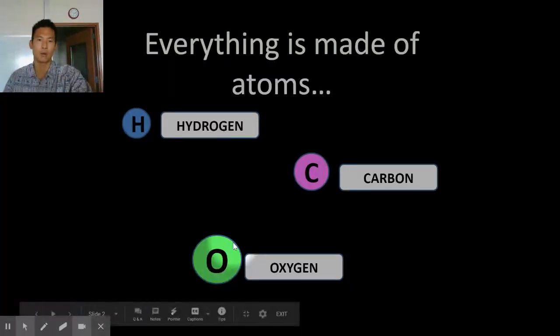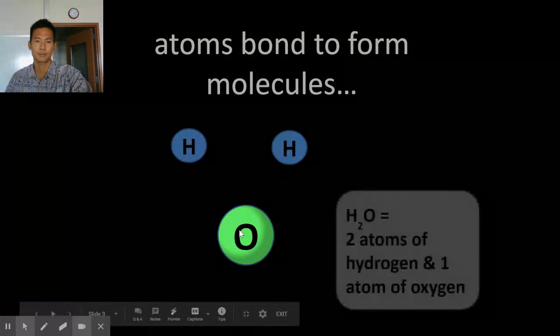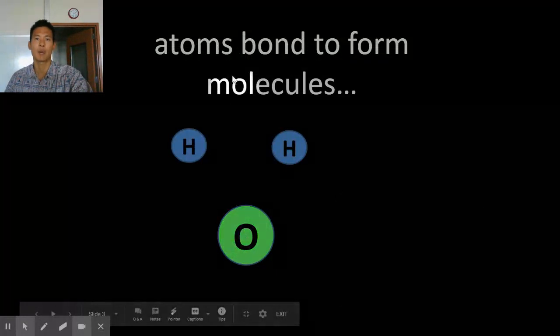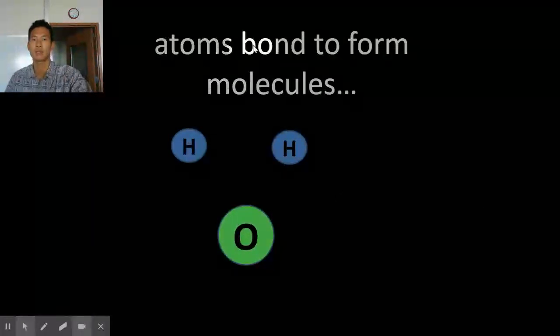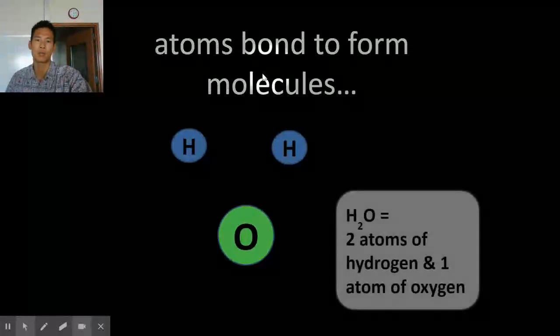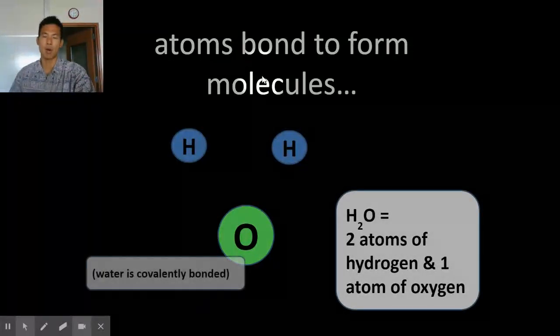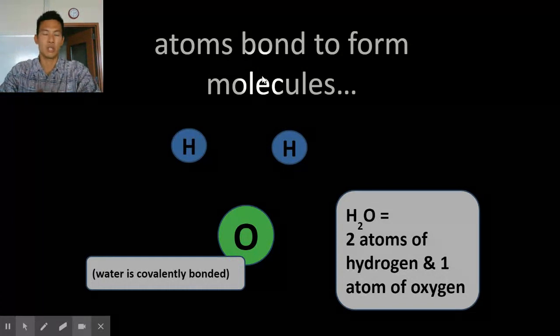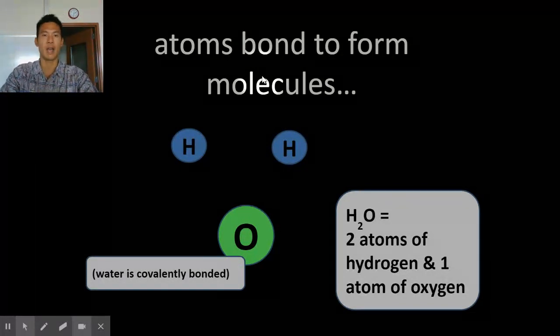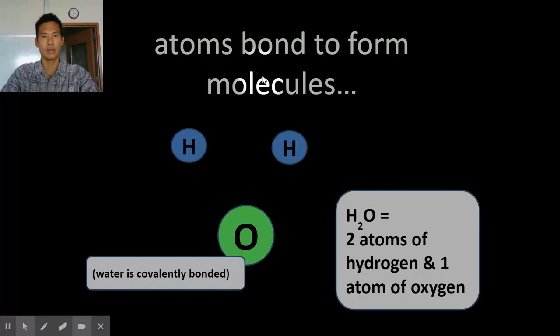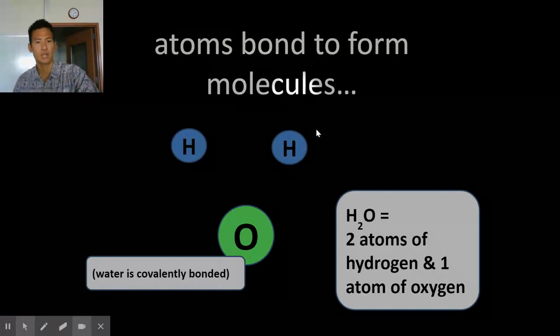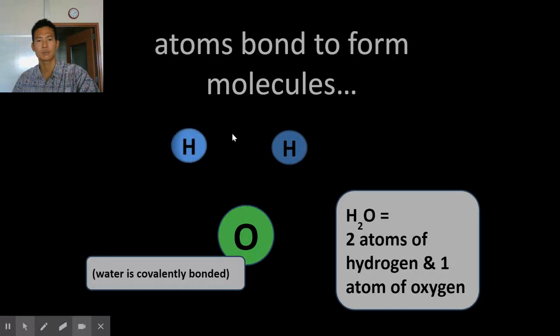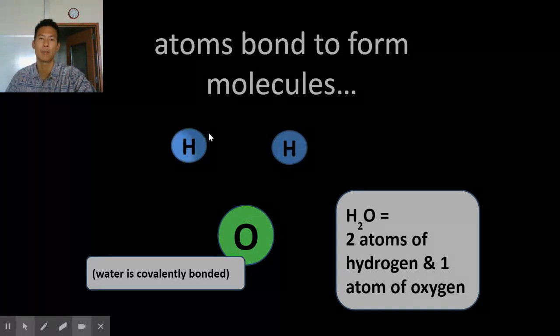Now remember, atoms may bond. Your different elemental atoms may bond to form molecules. Once they bond, once a chemical change has occurred, the new unit behaves as one. So these 3 atoms right here will behave as one molecule.